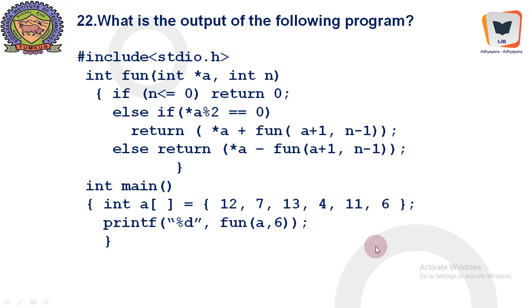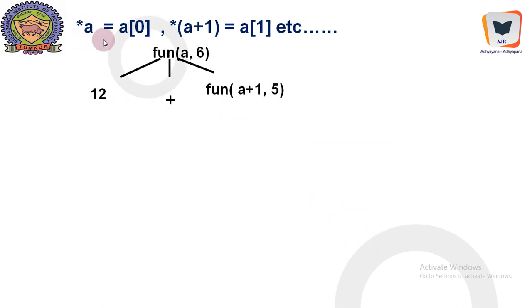Now we will trace this according to the function. Here you remember star a means a of 0, star a plus 1 means a of 1, star a plus 2 means a of 2, something like this. It brings out the content of that particular cell. Star a means a itself is a pointer, I told you earlier. So it is the content of the memory location pointed to by this a.